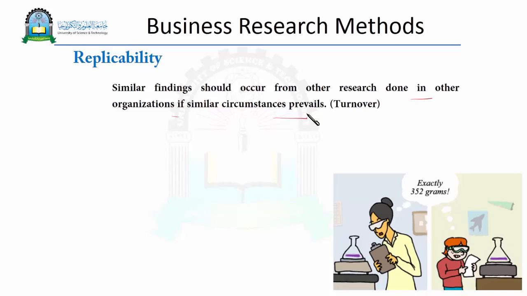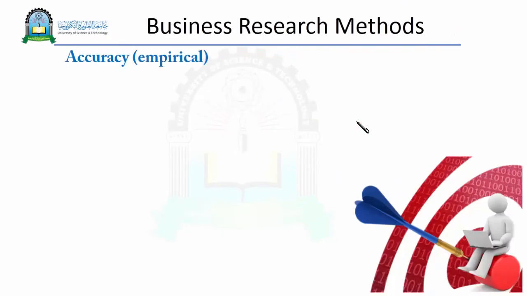Otherwise, one of the research papers might have some problems, or there are some other variables that can have some problems. So turnover, for example, if I'm investigating the turnover causes in an organization, if somebody else is going to investigate the same issue in the same organization with the same people, this research must come up with the same results.